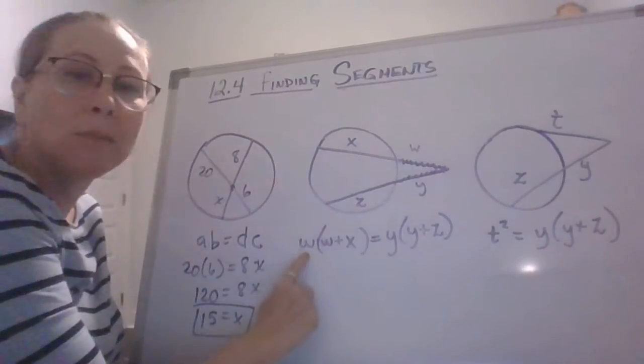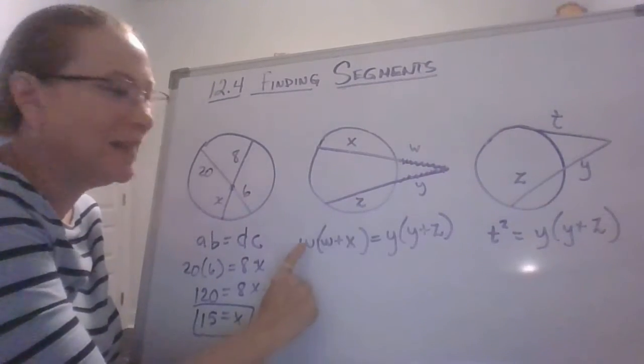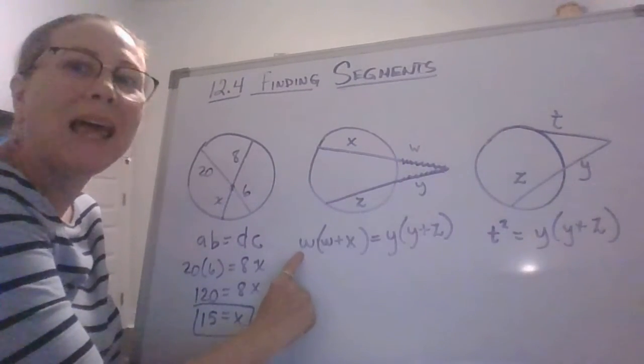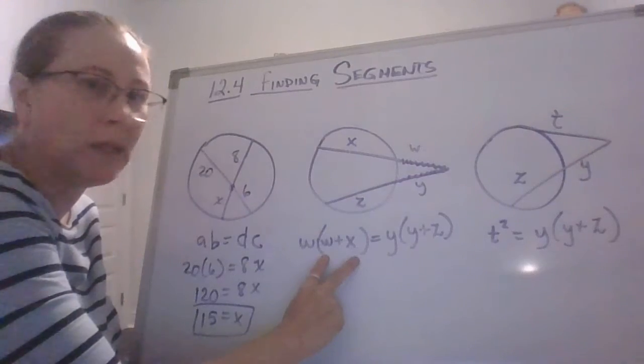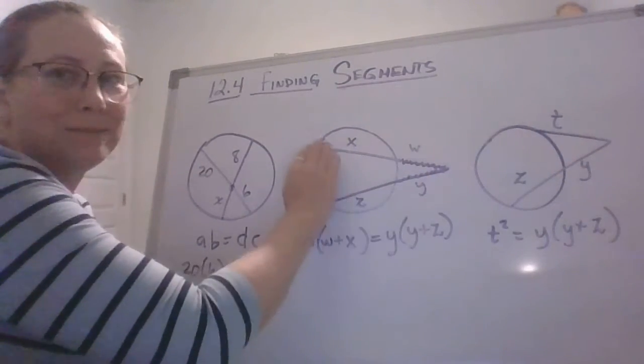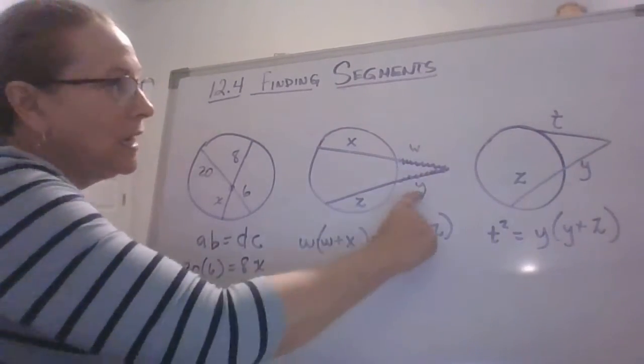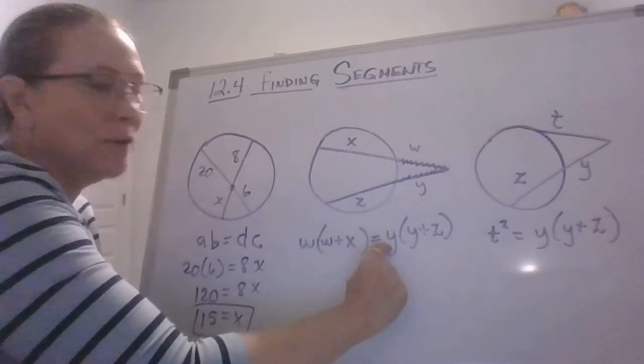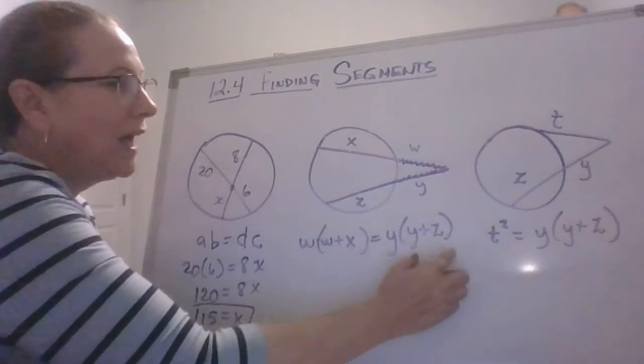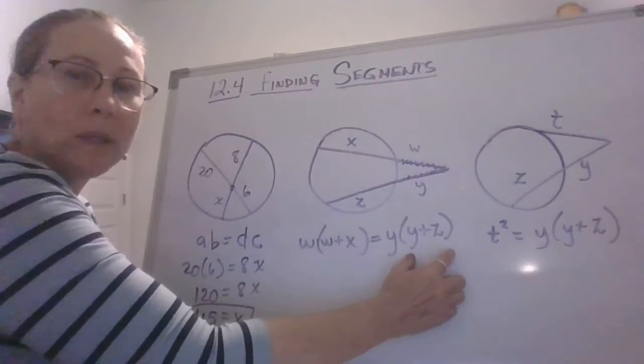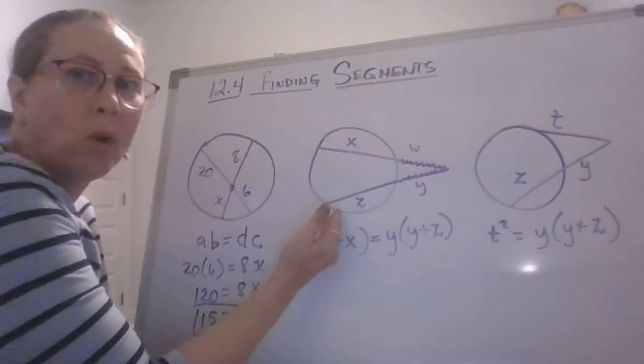So W, the outside part of the secant, is outside the parentheses, and then the whole secant is inside the parentheses, W plus X. Y, the other exterior segment, is on the outside of this set of parentheses, and then inside the parentheses is the whole secant, Y plus Z.